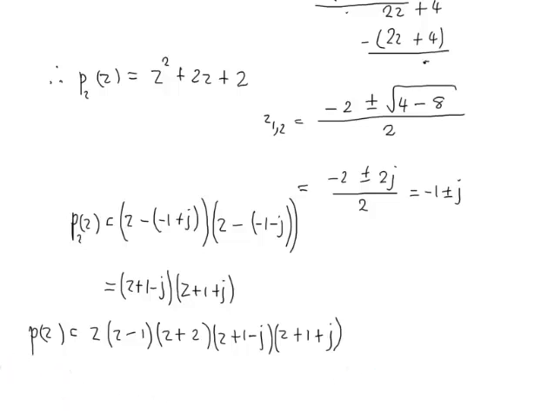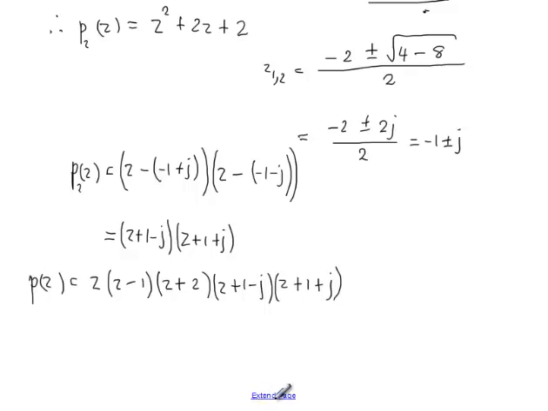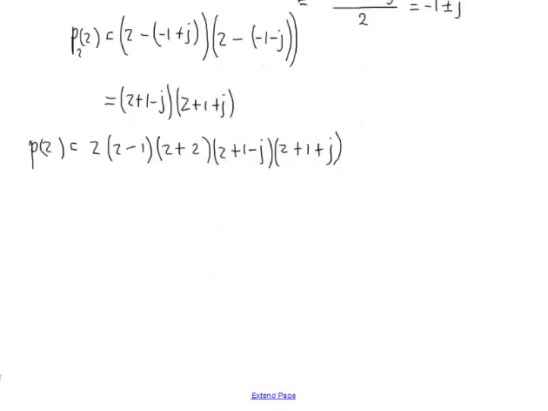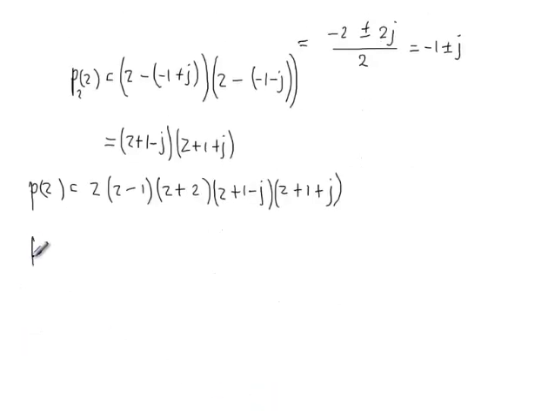This sounds like a repetition of the same question we have tried, but to get the roots now, we just need to say P(Z) equals 0. It means that this product is equal to 0, isn't it?